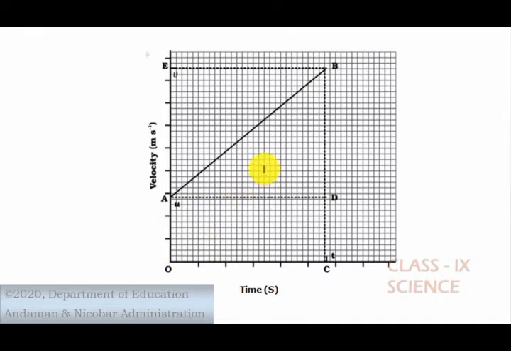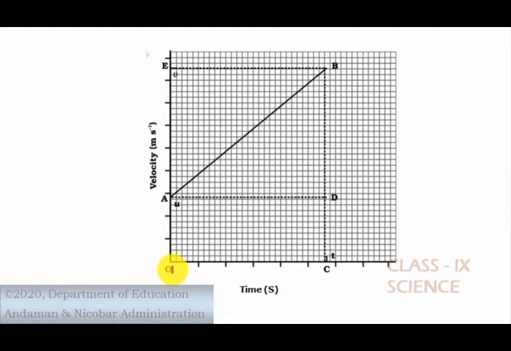So the area of this trapezium can be found out by splitting the trapezium into two shapes. One is OADC, which is in the shape of a rectangle, and another shape is a right triangle, that is ADB. Separately we will find the area of the rectangle OADC and the area of triangle ADB.